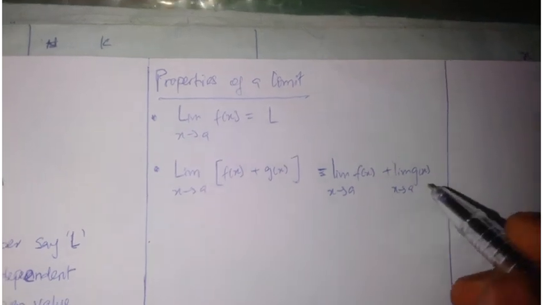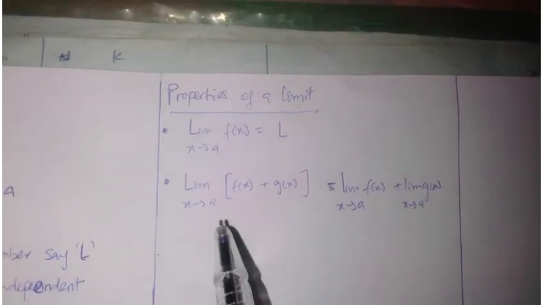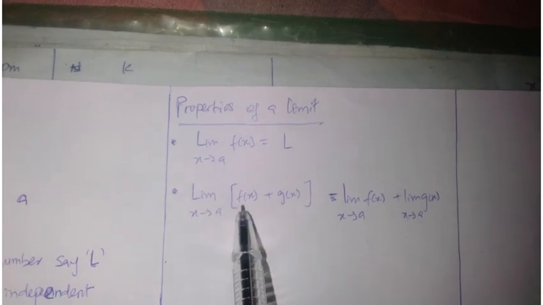When we have a sum of functions in a limit, I'm going to express it as the limit as x tends to a of f of x plus the limit as x tends to a of g of x. It relatively means I split this limit for both f of x and g of x.